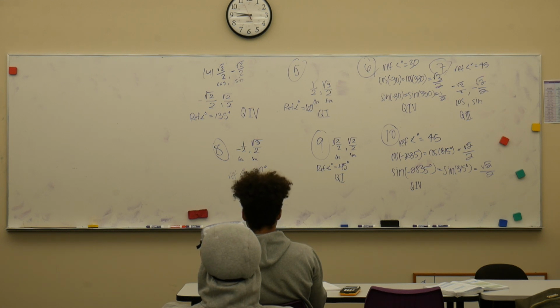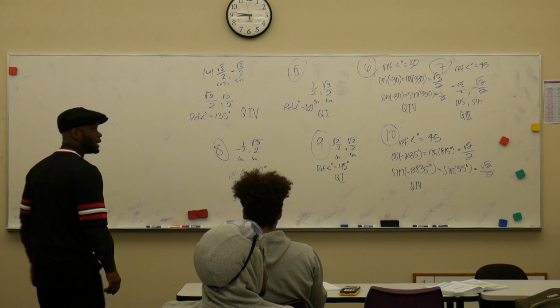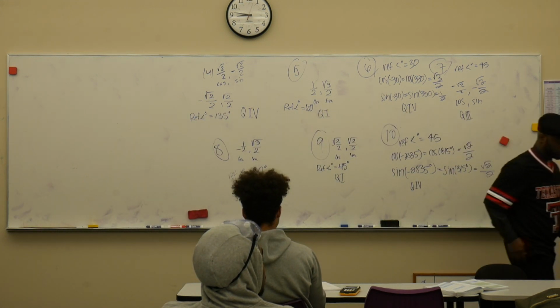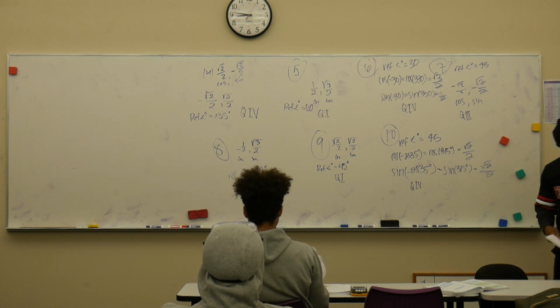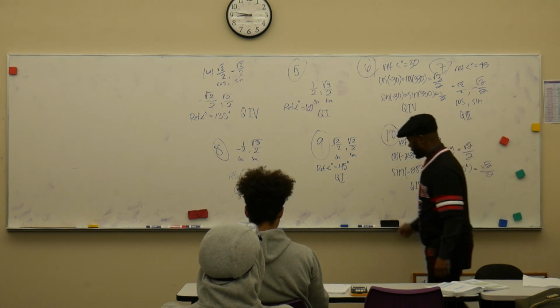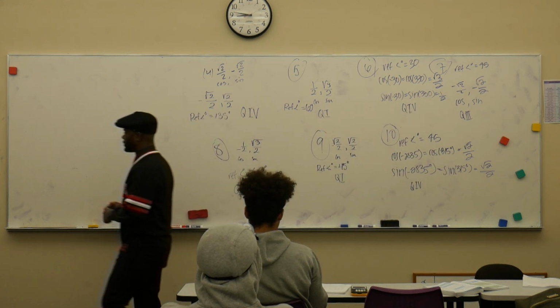Number 4 is asking you to find the cosine and sine of 2,115 degrees. So what that means is how many rotations we have to get this off first.